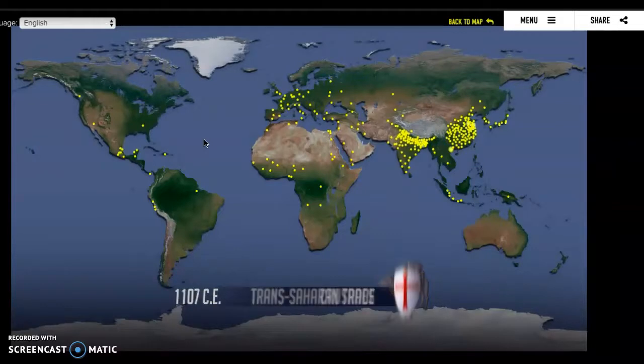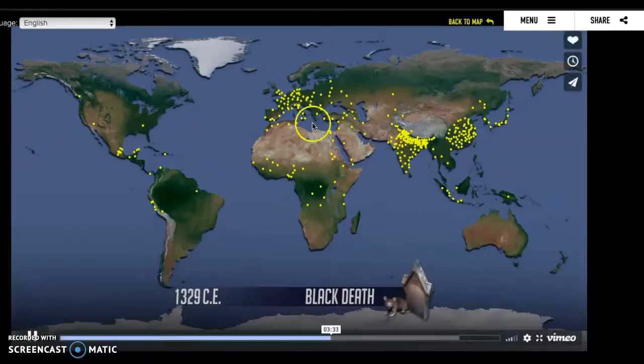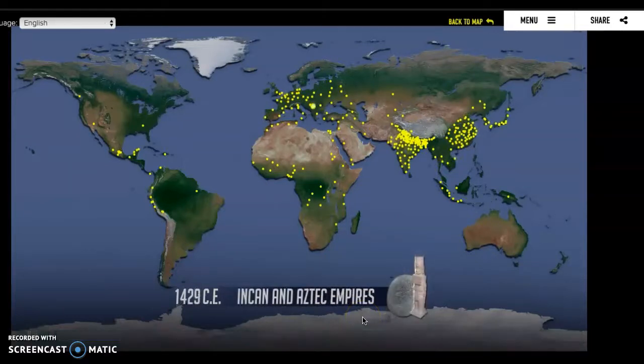A thousand years in, our population is still pretty much the same. 1,300 years in, we see a lot of these dots starting to go away. That's because of the Black Death, as you can see down here. The Black Plague wiped out a lot of the population on Earth.